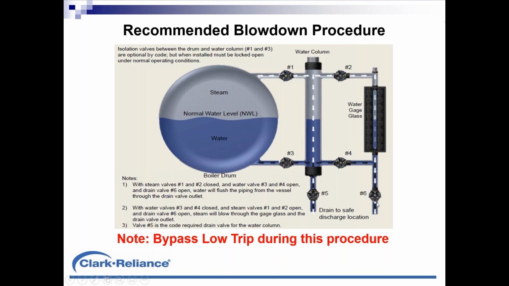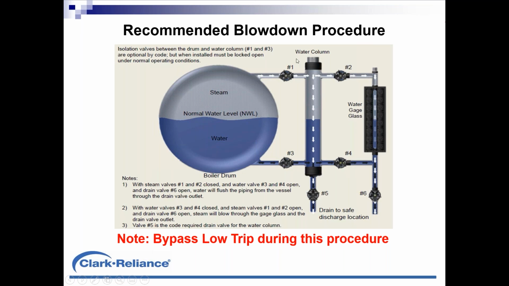But if an operator simply opens a drain valve, either on a water column or at the bottom of a level instrument, steam and water are both fighting to go out that drain. So in theory, I could have a totally blocked water leg here with sediment and debris, but steam would still blow out whatever water is in that glass out the drain, and I would never know that I have a problem here.